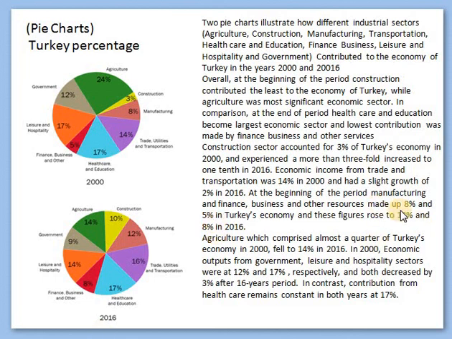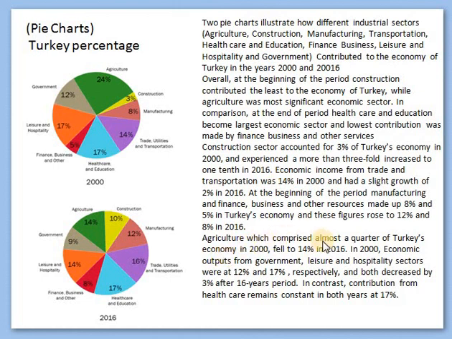So finance goes from 5 to 8% and manufacturing from 8 to 12%. Here finance was at 5% and now it's at 8%, whereas manufacturing was 8% and now it's 12%.